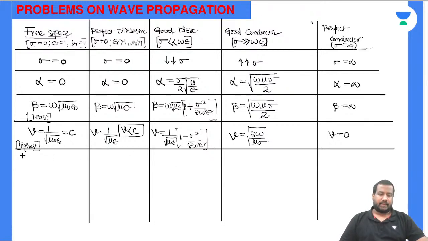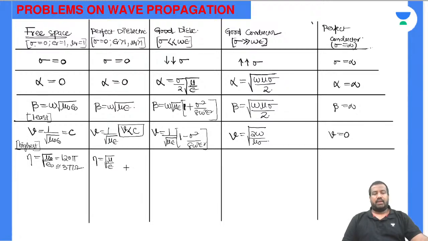Intrinsic impedance. For free space, under root of mu naught by epsilon naught, 120 pi, 377 ohm. Next, under root of mu by epsilon, that is 120 pi into under root of mu r by epsilon r.